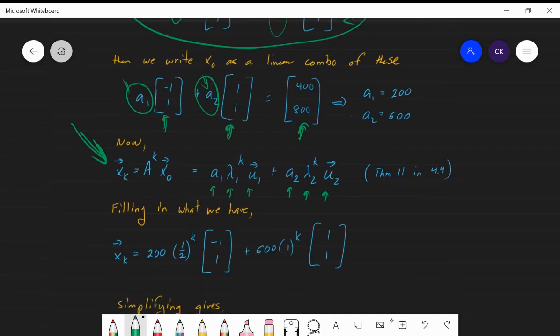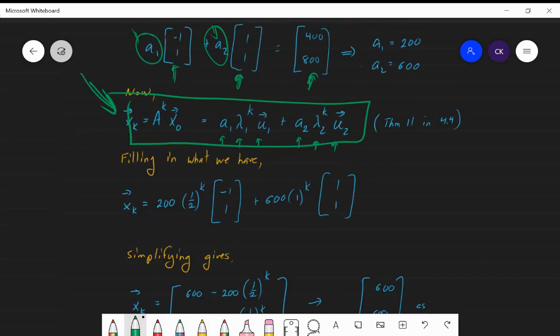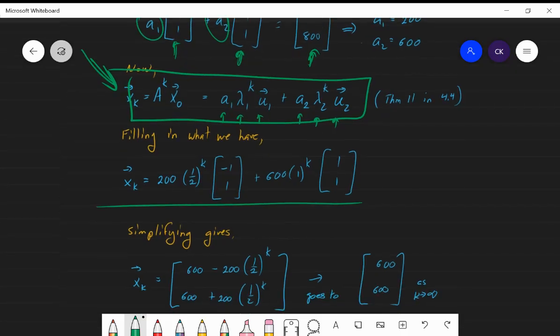Then we just plug all of that into this formula. In this case, x sub k is going to be 200 (1/2)^k, times the eigenvector associated with the eigenvalue of 1/2, plus 600 (1)^k, and again, the eigenvalue and eigenvector need to be paired together there as well.